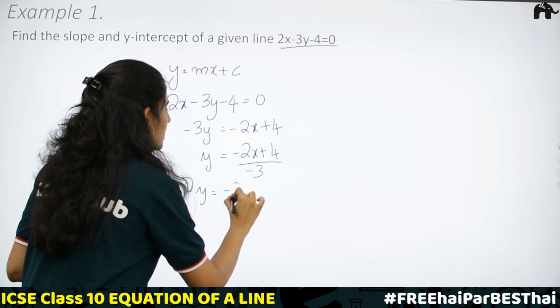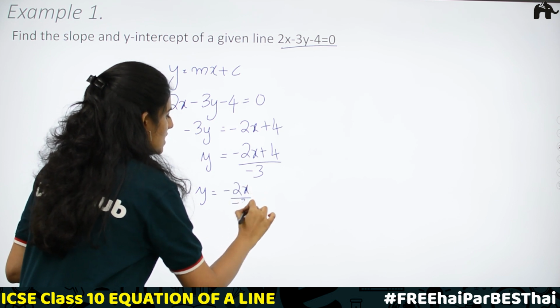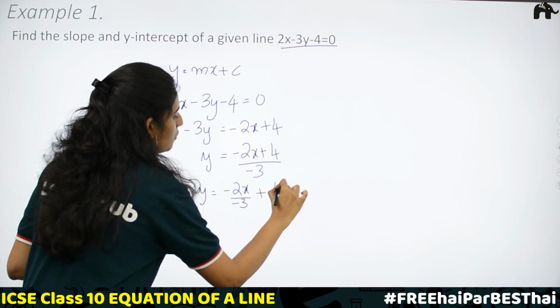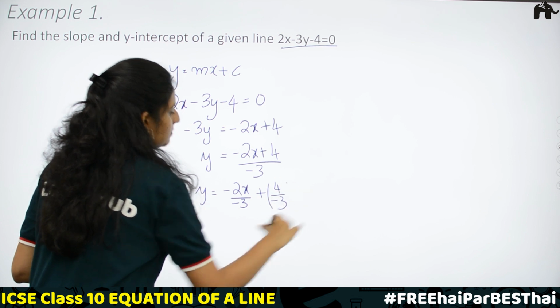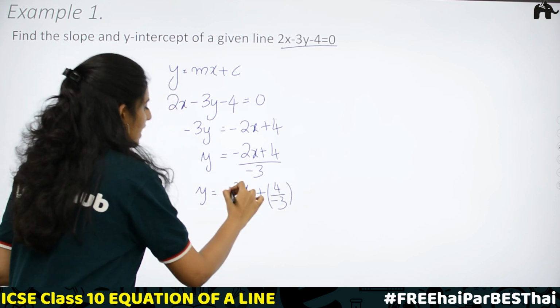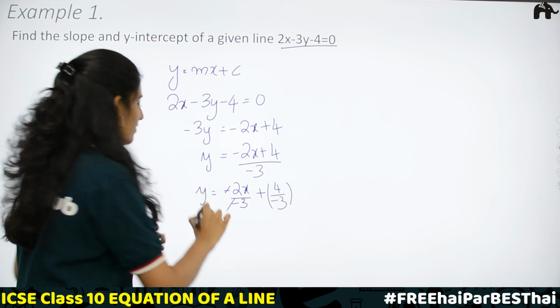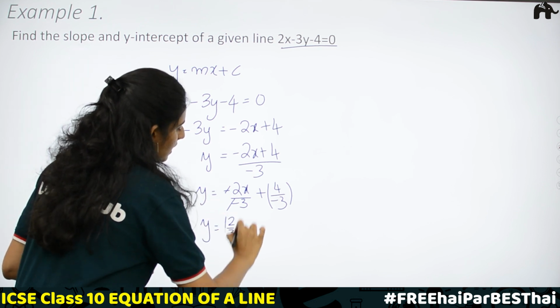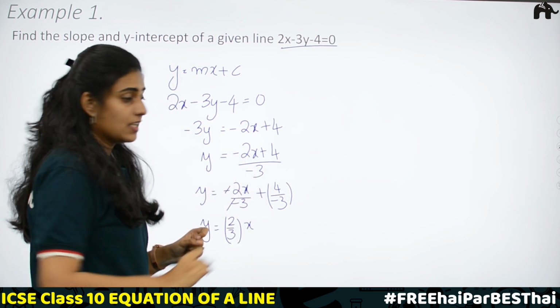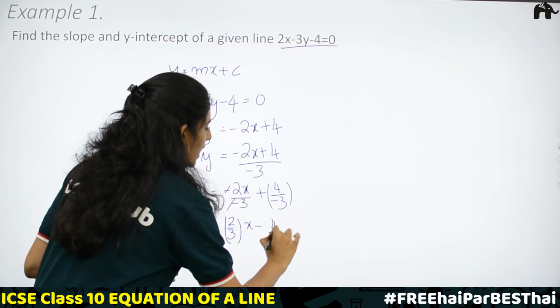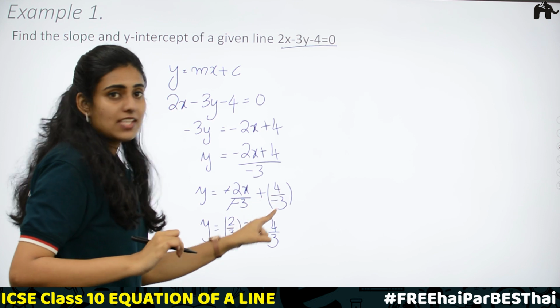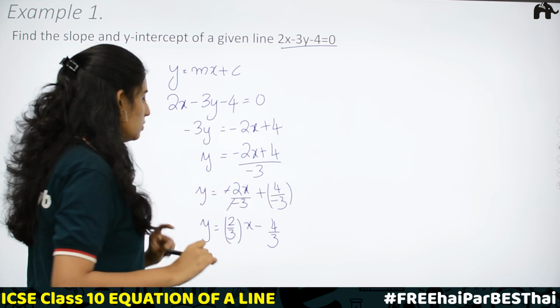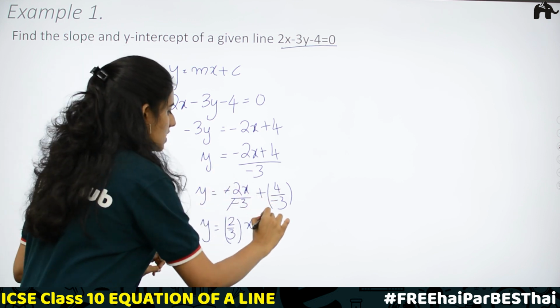We get minus 2x divided by minus 3 plus 4 divided by minus 3. Negative and negative can be cancelled. Then we have y is equal to 2 by 3 into x minus 4 by 3. The negative sign which is in the denominator is taken to the numerator. We get minus 4 by 3.